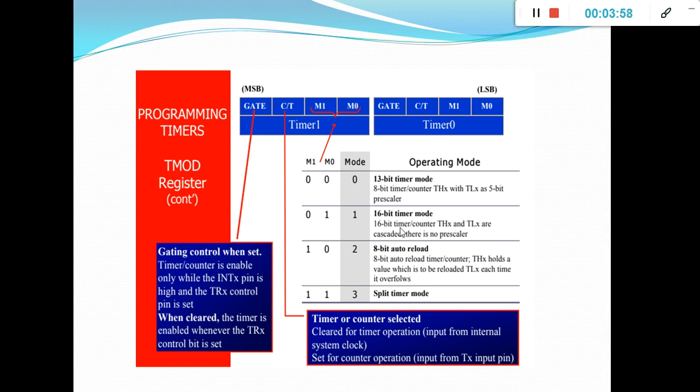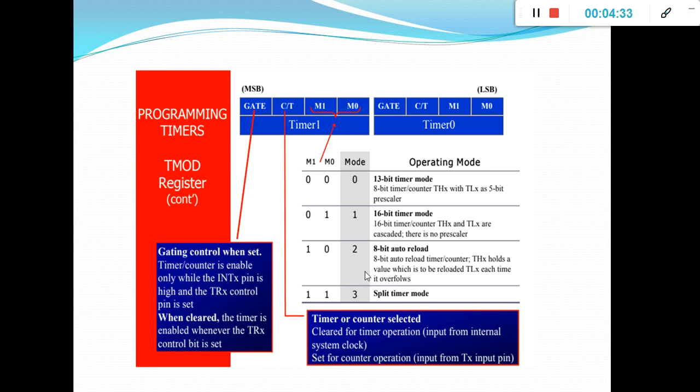This type of mode you can use in the 8051. There is no prescaler and no clock frequency supplied for M1 and M0; you provide a clock frequency only for C bar T, whenever you want to start the timer. So mode 1 can be used in the 8051.